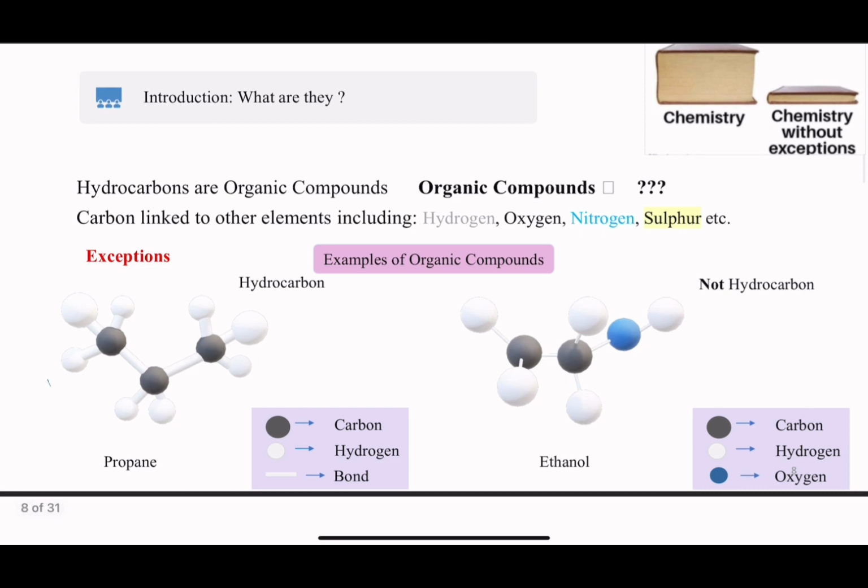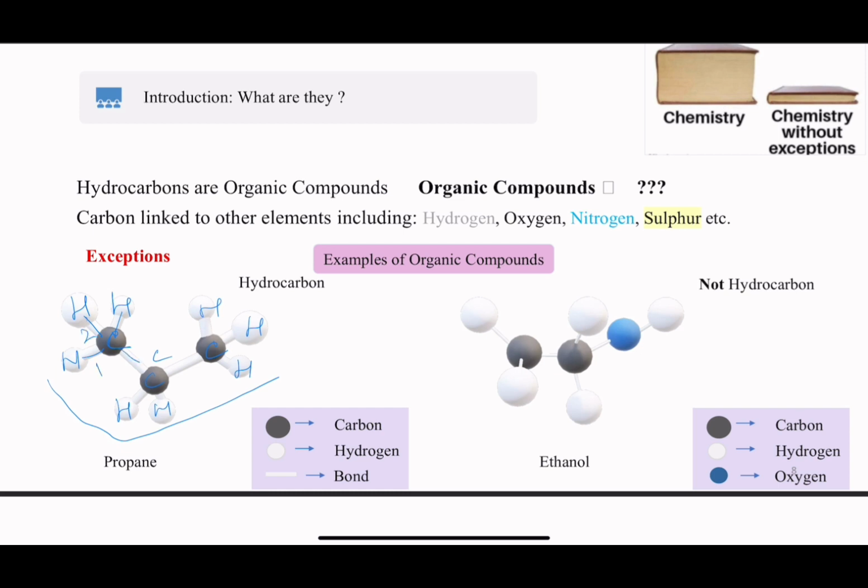So this is another one. We have propane in here. These black ones are carbon atoms, and the white ones are hydrogen. I told you we constructed these models in the class. I told you about carbon having a valency of 4. As you can see, I have 1 bond here, 1 bond here, 1 bond here, 1 bond.